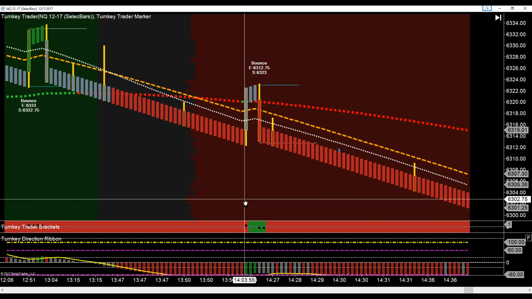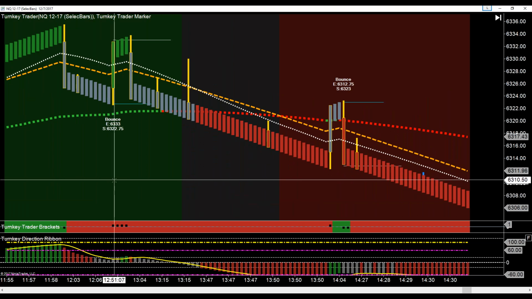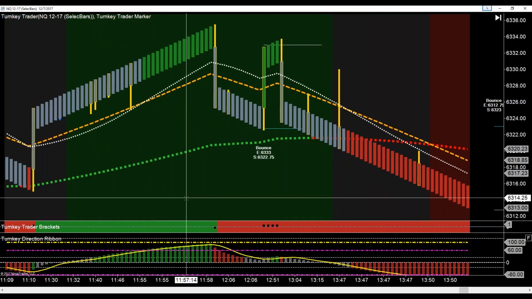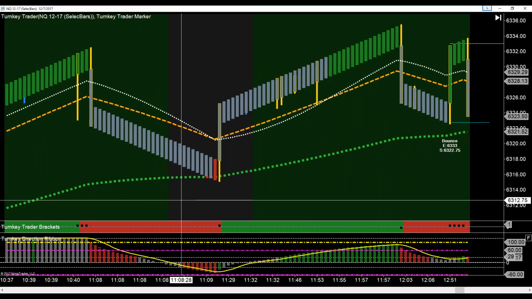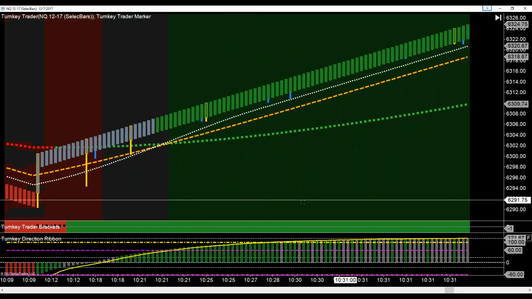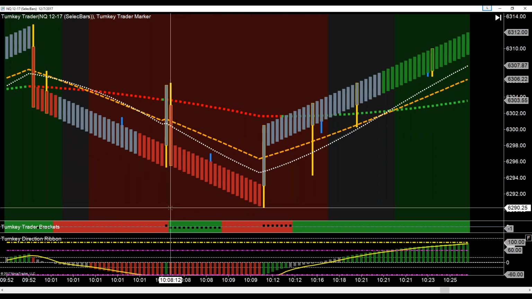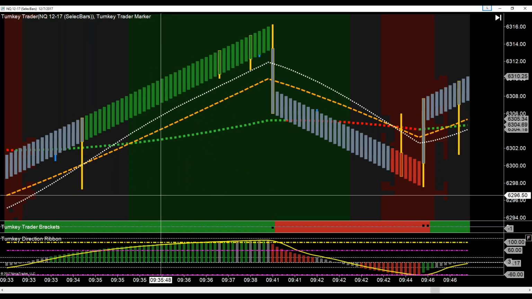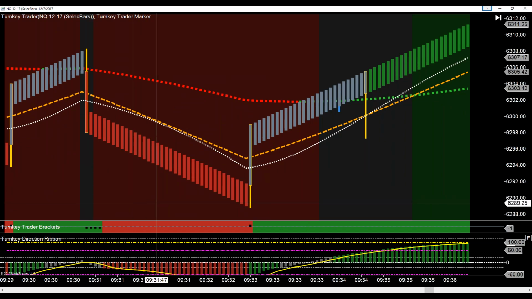Pretty decent bounce there. Looks like we had a head fake there. Looks like there were a couple of head fakes this week, which is unfortunate. I've had that happen sometimes when the NQ is super busy. I'm sure you guys have noticed it's been moving really fast lately, a lot of movement.